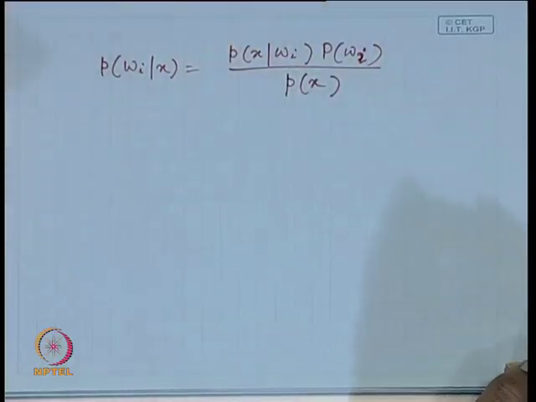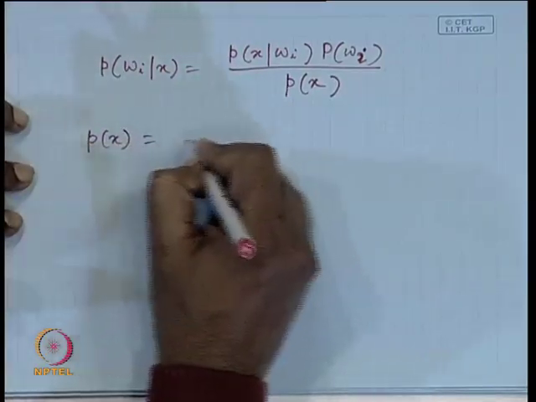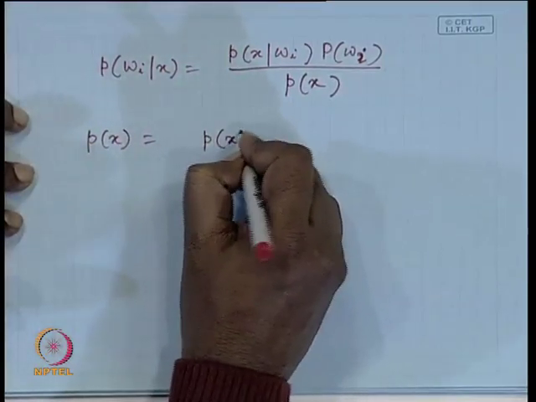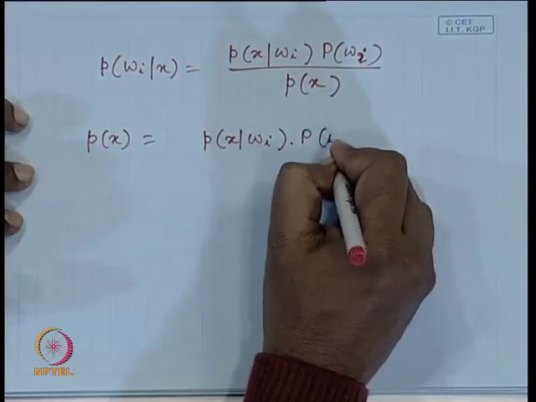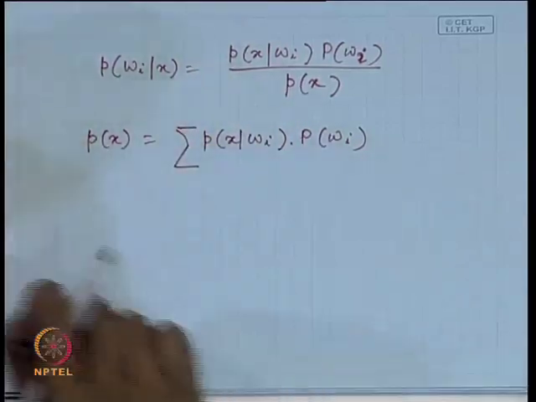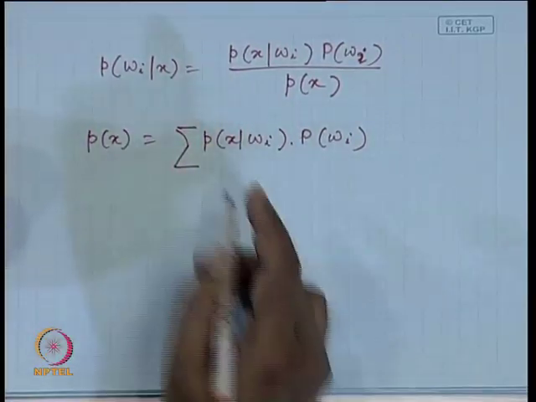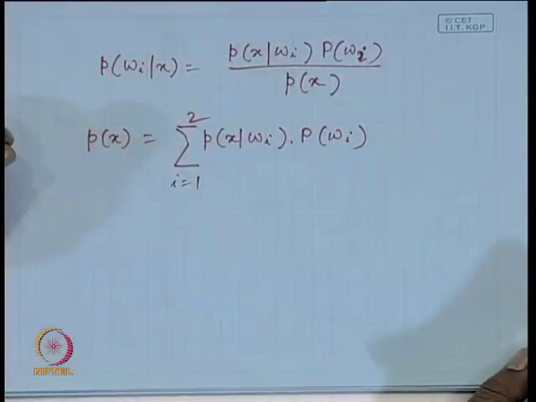What is this P of x? P of x is nothing but P of x given omega I, that is class conditional probability, into P of omega I. Take the summation, because I have got only two classes, omega 1 and omega 2, so I is equal to 1 to 2. Is that okay?